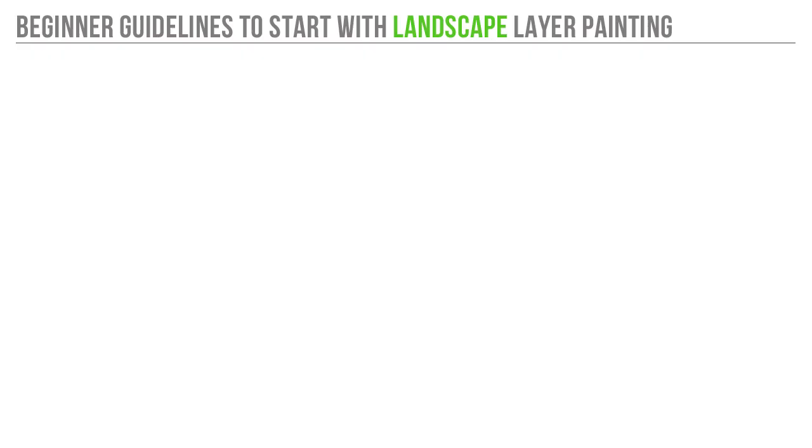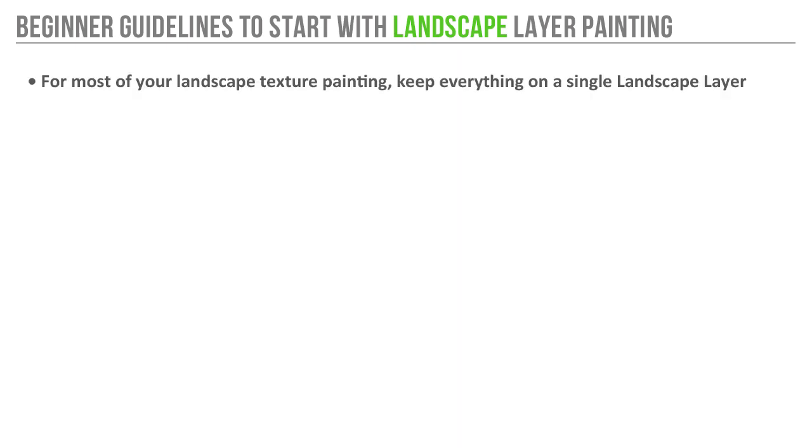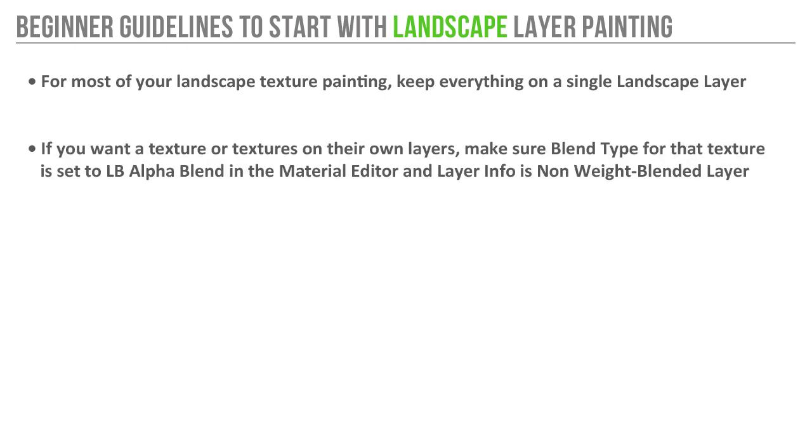And here are some beginner guidelines to follow to make this easier for you. For most of your landscape texture painting, keep everything on a single landscape layer. If you want a texture or textures to be on their own separate layers, make sure that the blend type for their layer texture is set to LB alpha blend inside the material editor, and the layer info is non-weight blended layer.